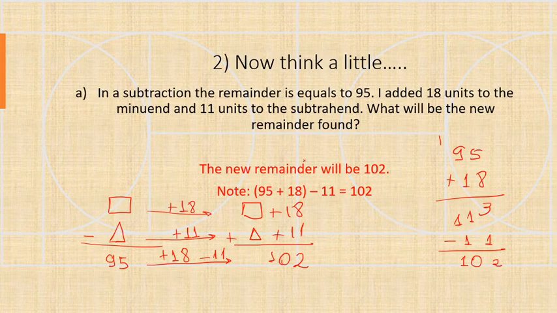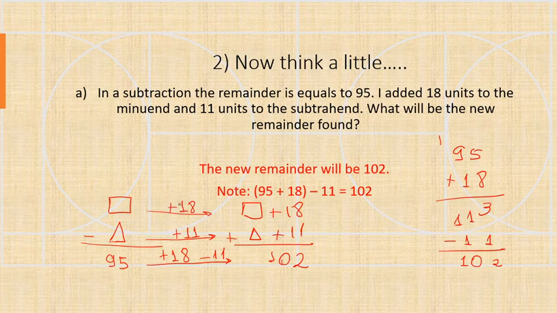In a subtraction, the remainder is equal to 95. I add 18 units to the minuend and add 11 units to the subtrahend. What will be the new remainder found? So I don't know what the numbers are, so I call them square and triangle. From the square, I added 18 units, and in the triangle, I added 11 units. So my first result was 95.